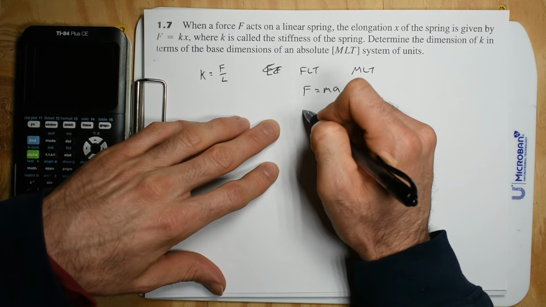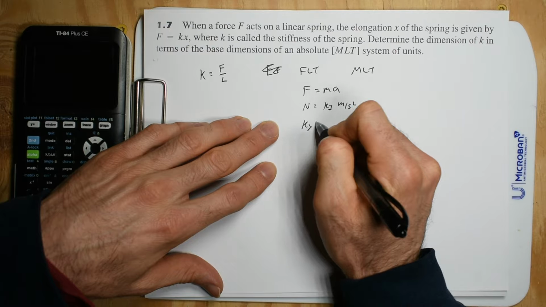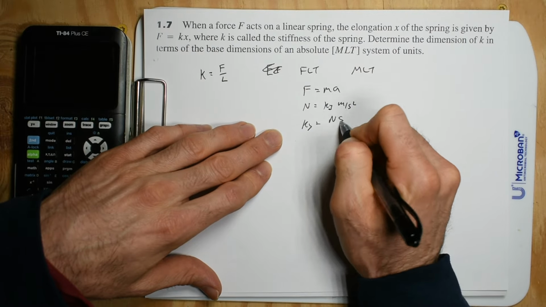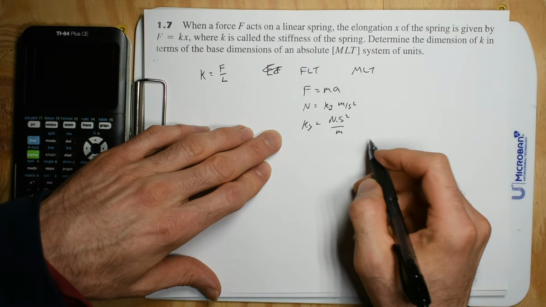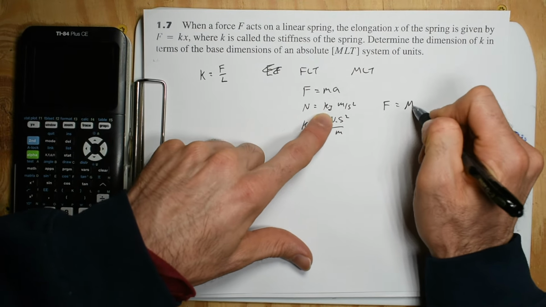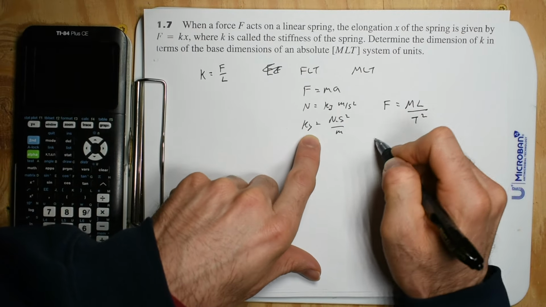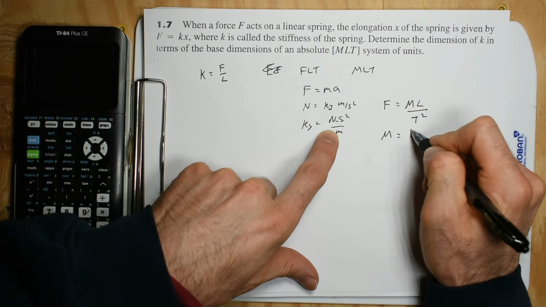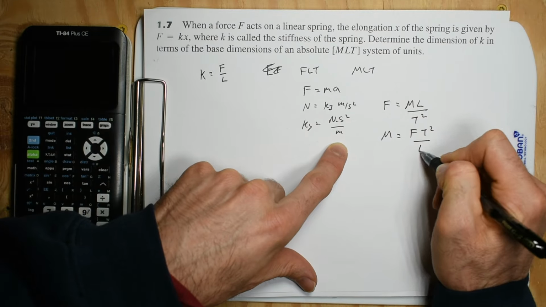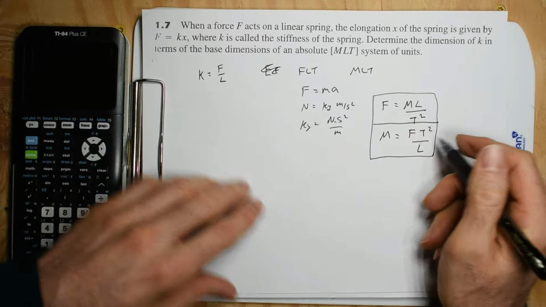However you do it, write newtons, kilogram, meter per second squared, and then write kilograms is equal to newtons, seconds squared, meters. And then just write out the force: this is a force, mass, length divided by time squared; this is a mass, force, time squared divided by length. And then here are your two equations that you can use interchangeably.